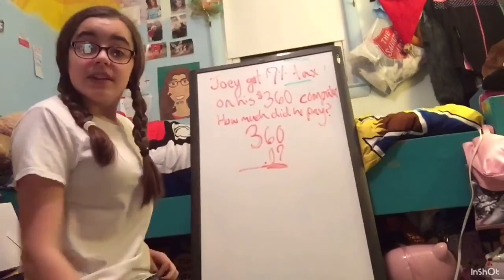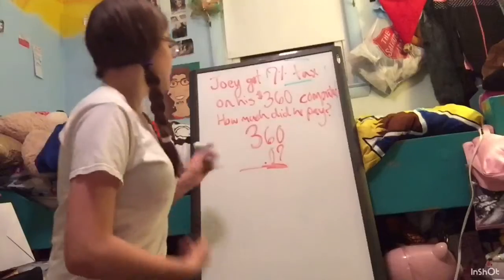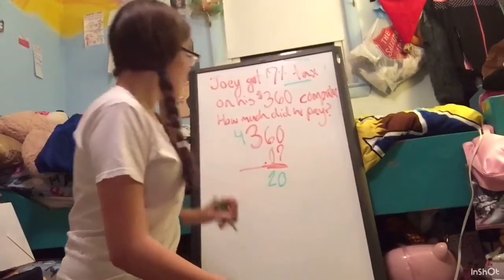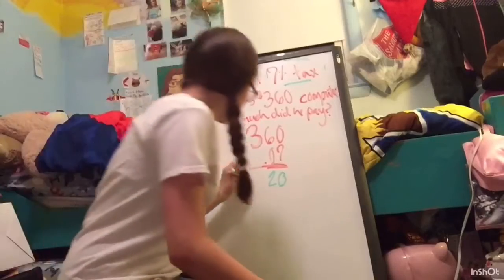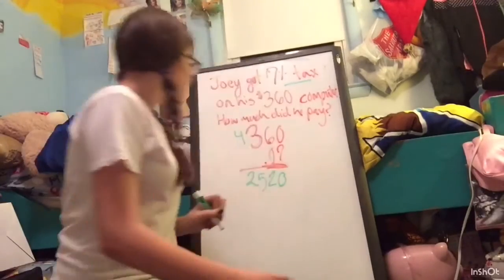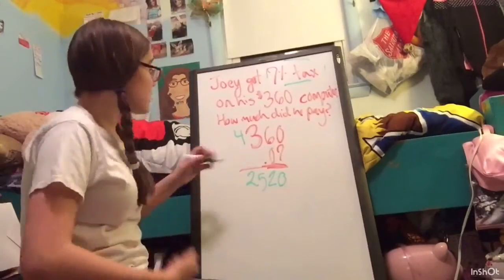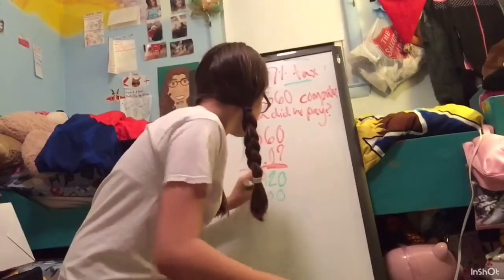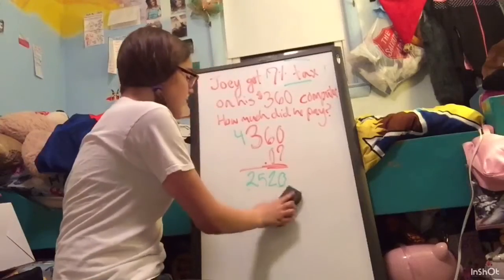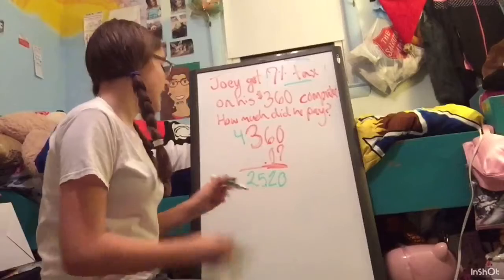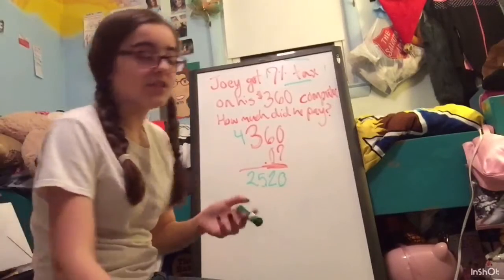Now, we can proceed with multiplication like normal. 0 times 7, 0. 6 times 7 is 42, carry the 4. 3 times 7 is 21, plus 4 is 25. So, this is a 0. If we multiplied 360 by 0, we'll just have a line of zeros. So, save yourself the time and don't add a bunch of zeros to your answer. Just use the decimal.